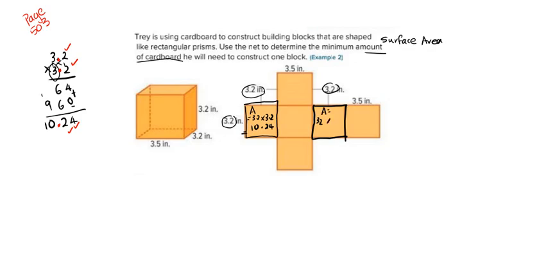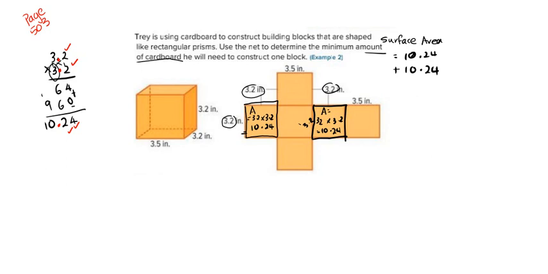It's 3.2 times 3.2, which is 10.24. So when we're working out total surface area, we're going to add the 10.24 2 times.